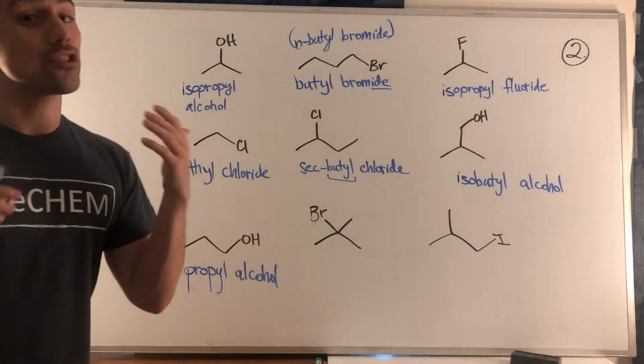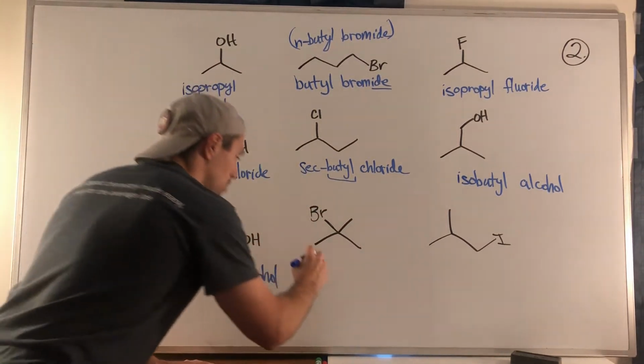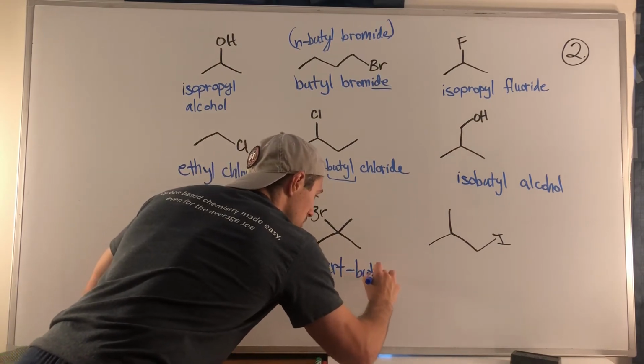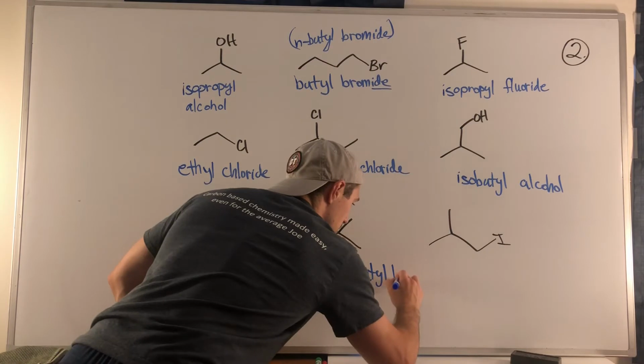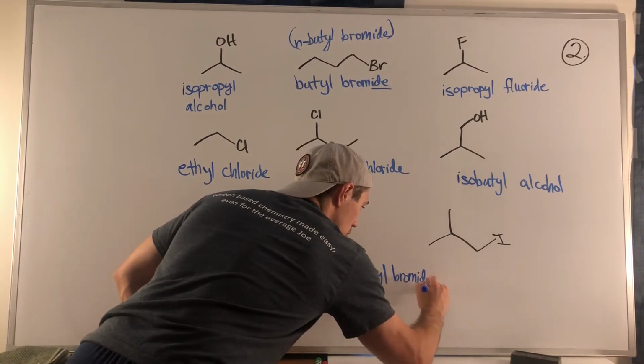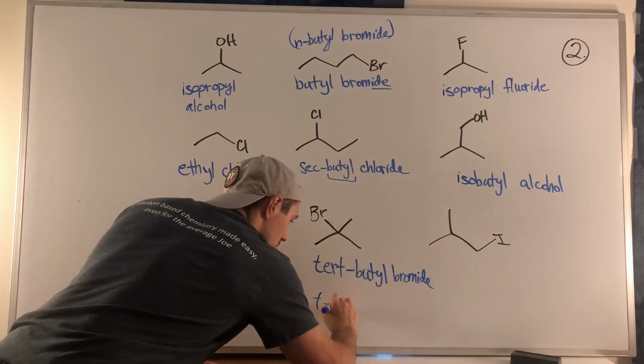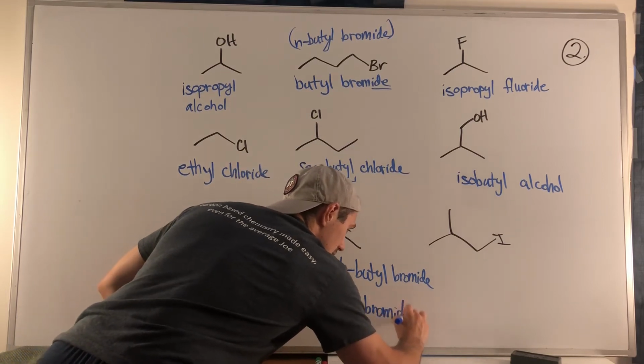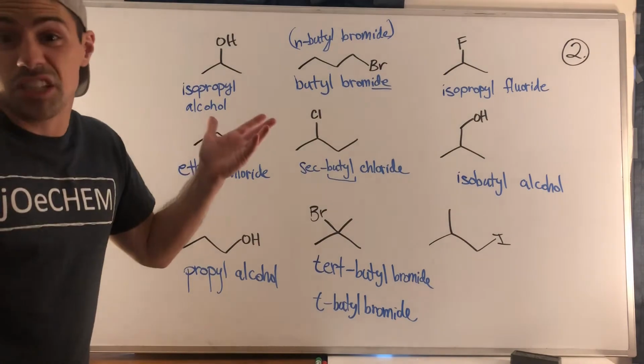Remember, that means it's tertiary. So we have the option of naming this tert-butyl bromide, or if you want to be a cool cat, T-butyl bromide. I prefer T-butyl bromide, less letters, a little lazy, up to you though.